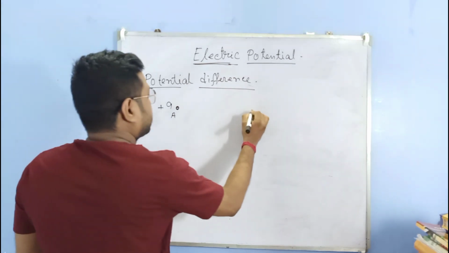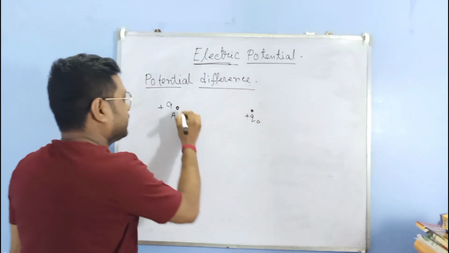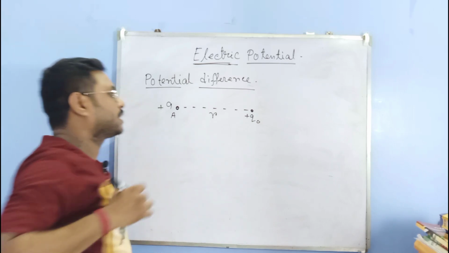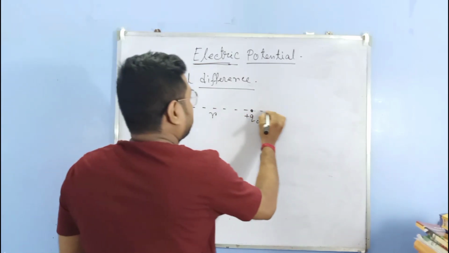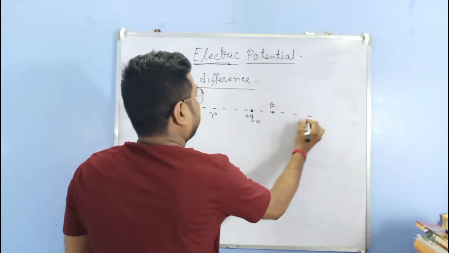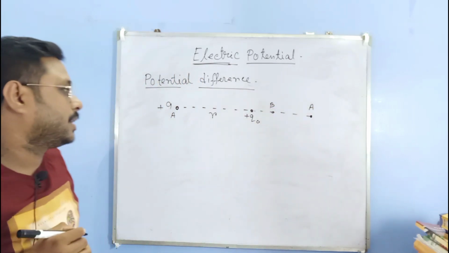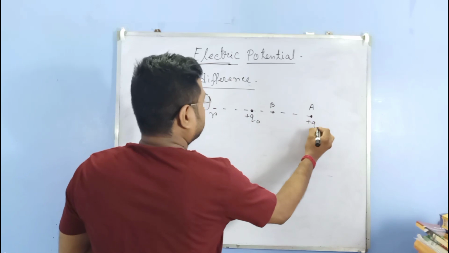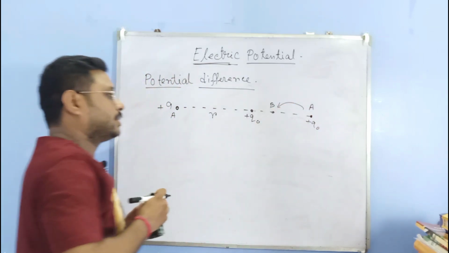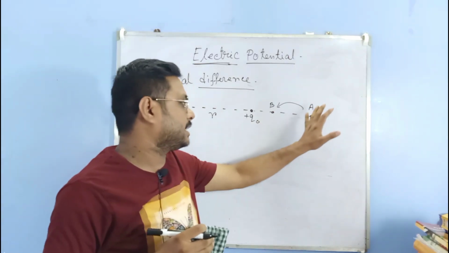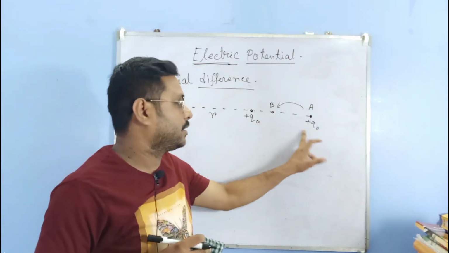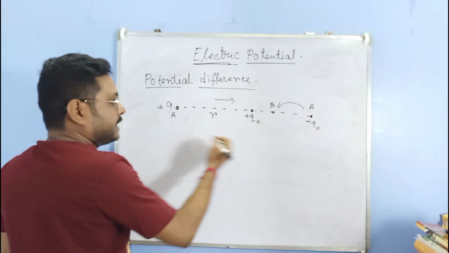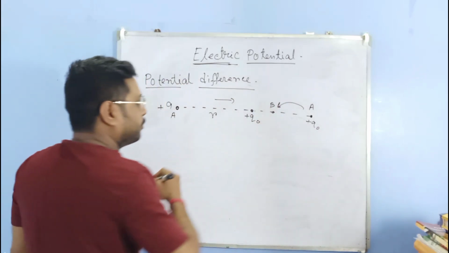If we take another test charge Q0, which is infinitesimally small compared with the source charge Q, at a distance R, then if we consider any two points B and A on the same line, and suppose we move this test charge Q0 to B, that is, we consider that the test charge at any instant is placed at point A, and against electrostatic force it is moved from A to B.